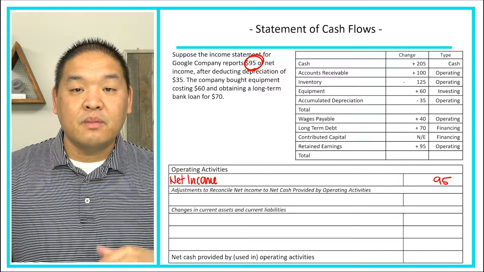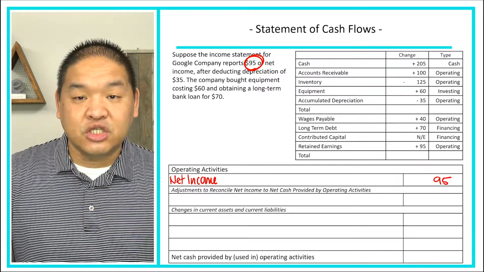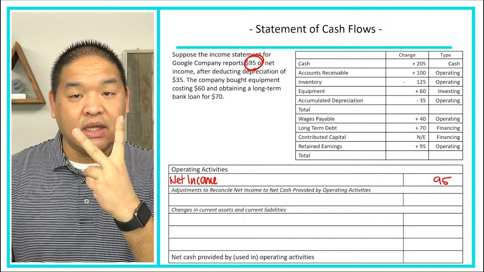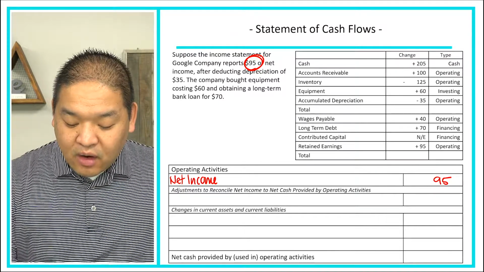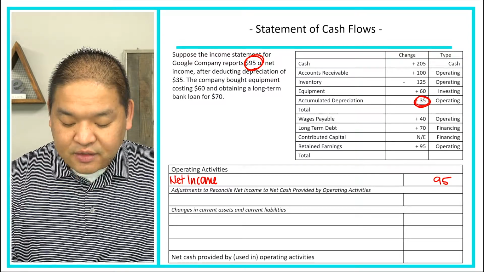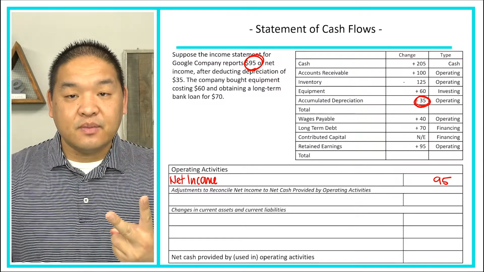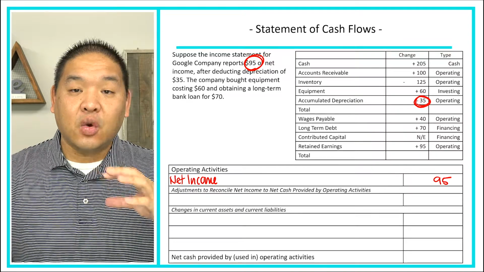Then from there, if you remember, we're going to add depreciation. So there's two places that we can get this. The first place is we can get it directly from our accumulated depreciation here. Second place is through the question.